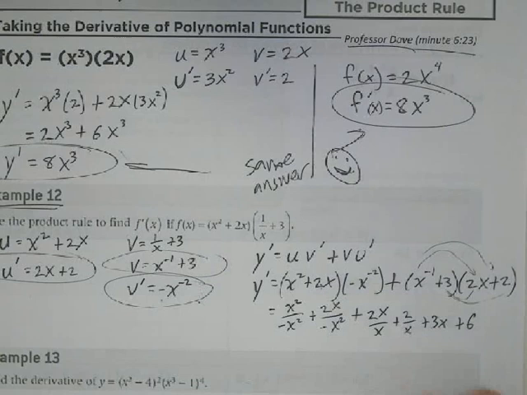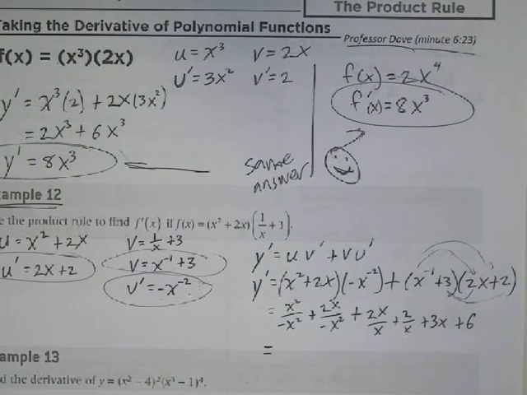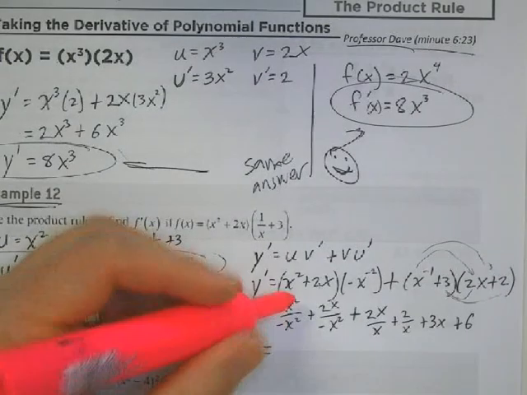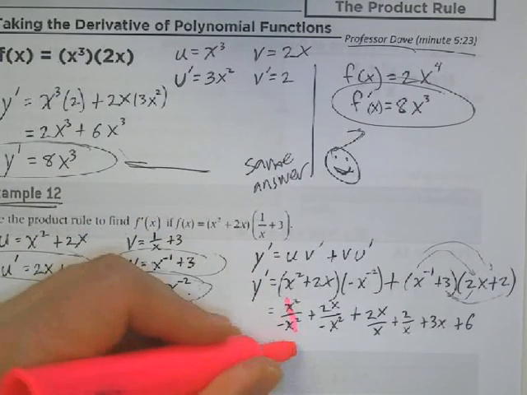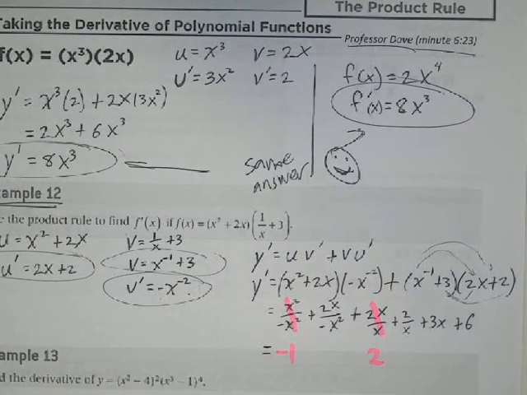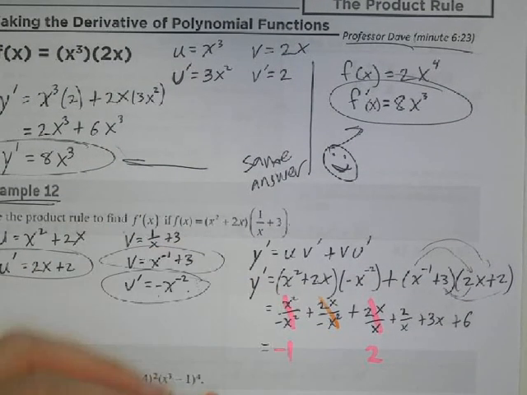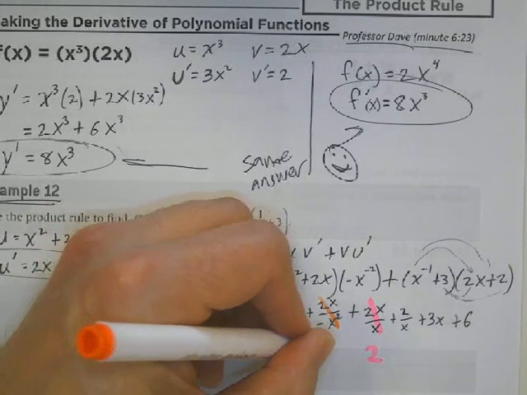Okay, so now we can simplify this a little further. This becomes negative 1. This becomes 2. This becomes negative 2 over x.